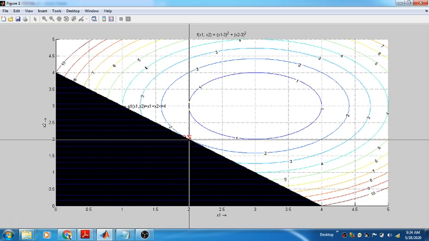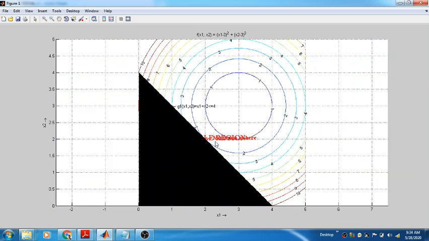You can zoom in, it doesn't matter, you can do all these things. So now I am clicking here. Now this is your minima point, right?